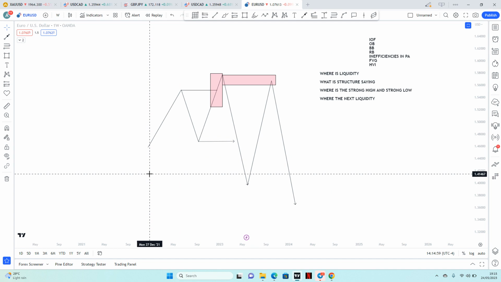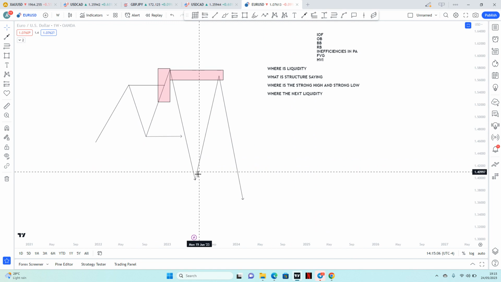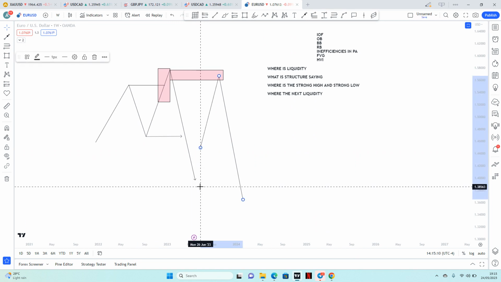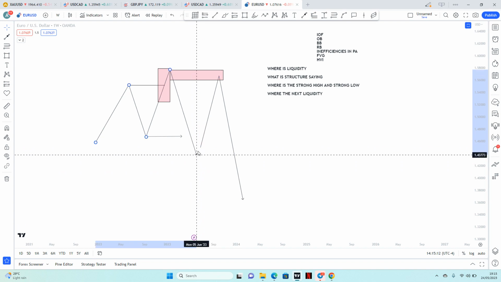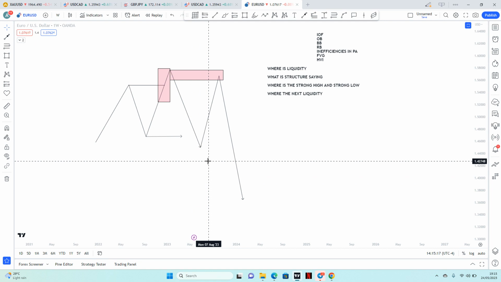So the next thing you should also look for is the breaker block. So what qualifies breaker blocks? Breaker blocks are almost the same as other blocks, or let's say SND flips. But I've talked about the SND flip, so I will not be talking about it here.